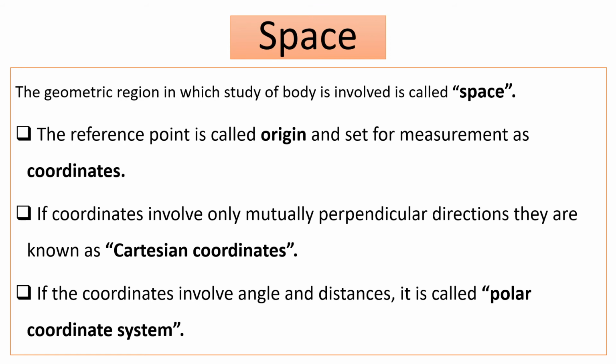Coordinate systems are used to describe the position of an object in space. A coordinate system is an artificial mathematical tool that we construct in order to describe the position of a real object.